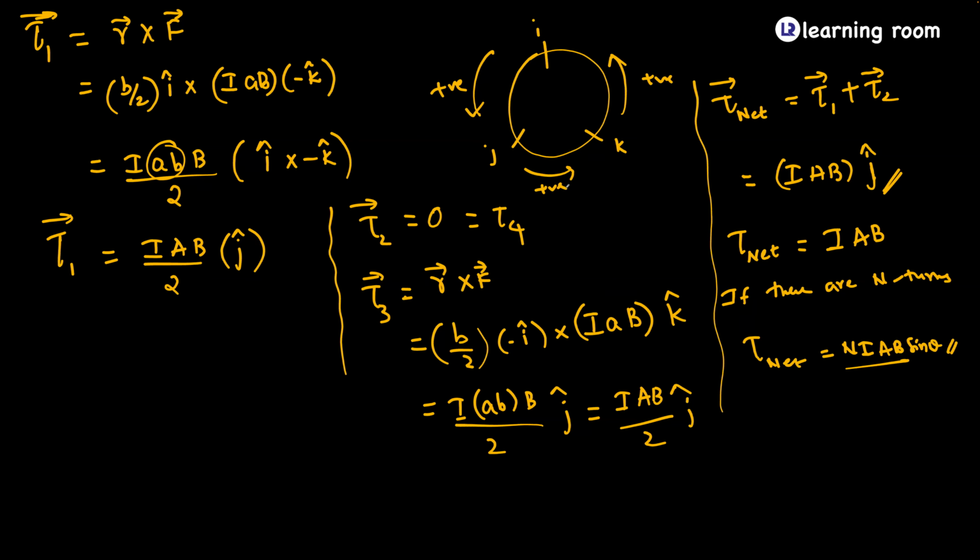So I cross J is K, J cross K is I, K cross I is J. Anything in the clockwise direction is going to be negative. Understood? So I cross K will be clockwise. I cross K is minus J, and minus of minus J will be plus J. That's the answer.